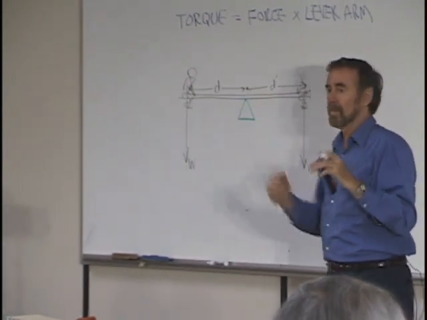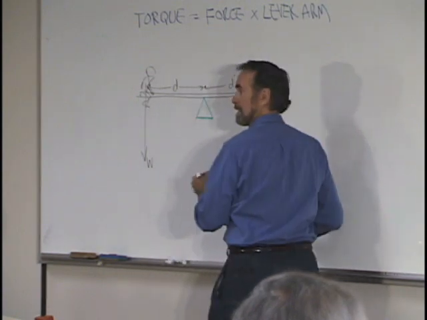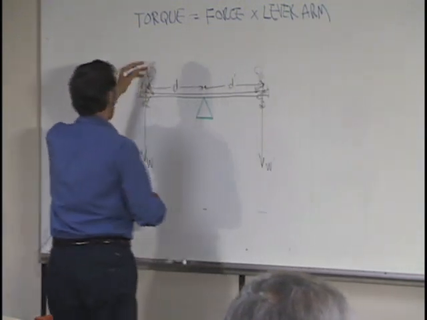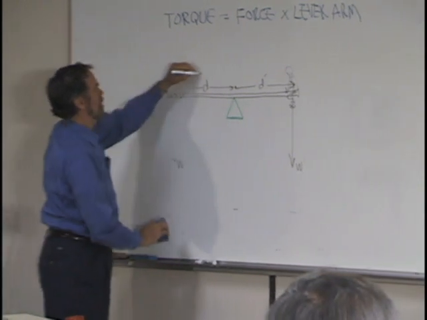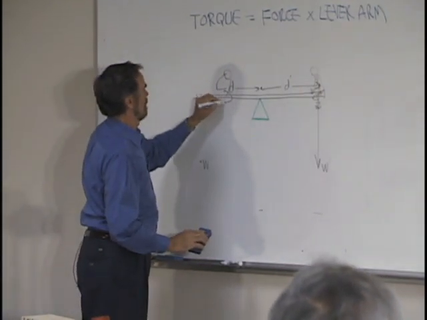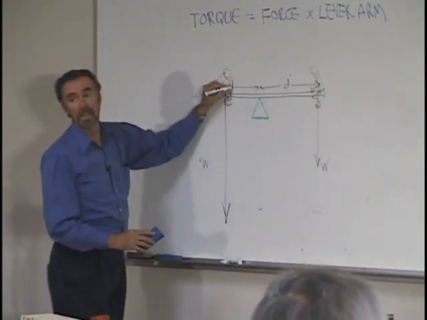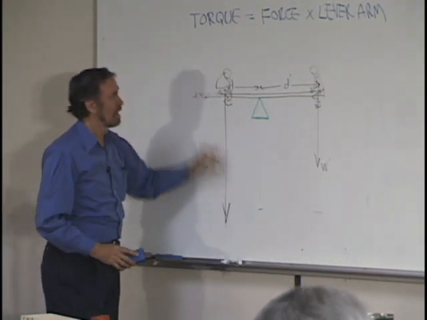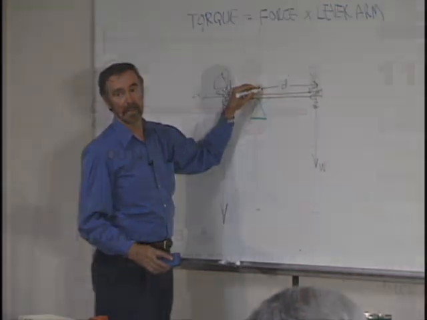And so it's rather simple. So now we talk about here the weight times the distance, weight times the distance. And what happens if we let the fellow over here be bigger? Well, if it's a bigger guy, then he'll have to sit closer. So his heavy weight times this small distance will equal this weight times this distance.